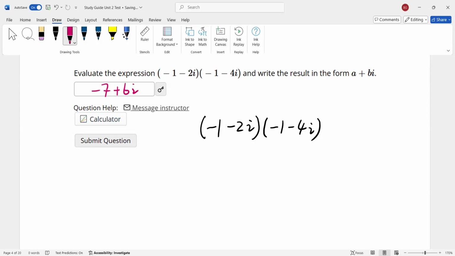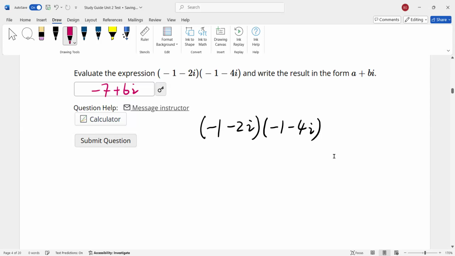Correct. Very good. Okay. So for this specific problem, I don't really want to confuse you because the actual problem on the exam might not be like this. But for this specific problem, because everybody has a negative sign, you see that? -1, -2i, -1, -4i.